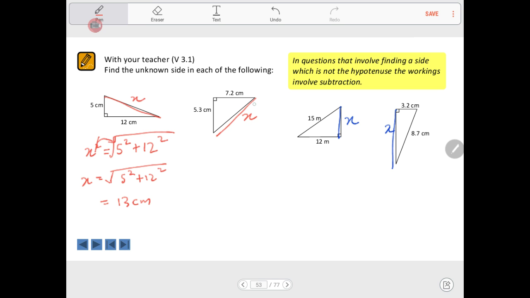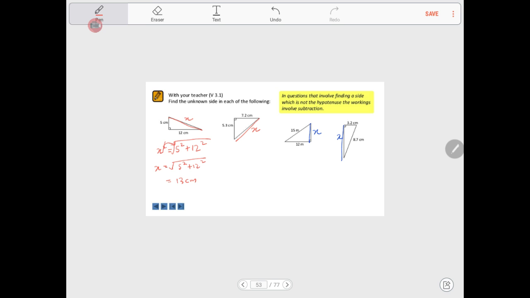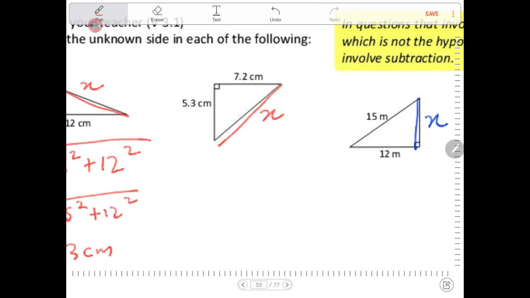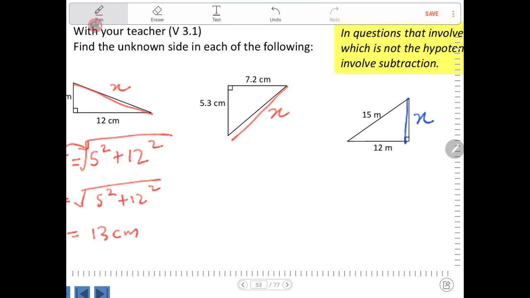Okay, now you might want to pause the video at this stage and try the next example. It works really the same way. Then I'll have a go at it. Okay, so this is what we do. Now I'm going to go straight to the square root. X is the square root of 7.2 squared plus 5.3 squared.